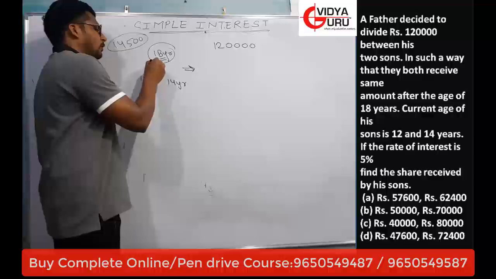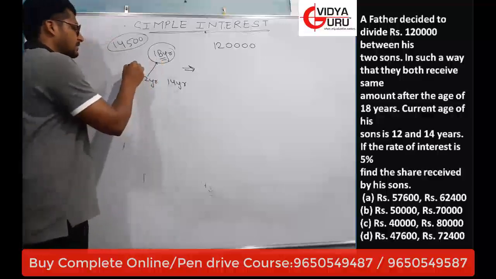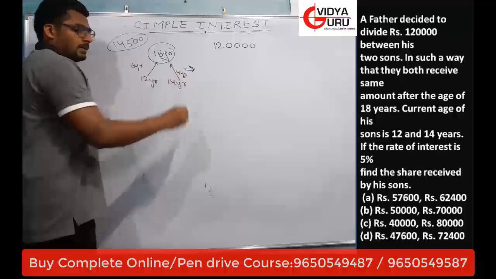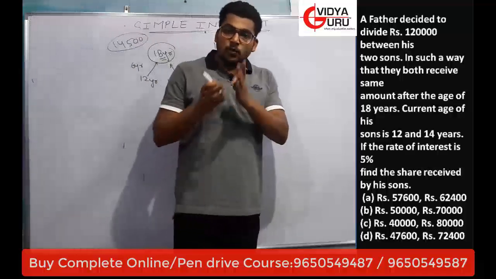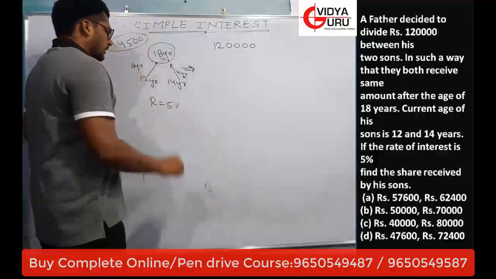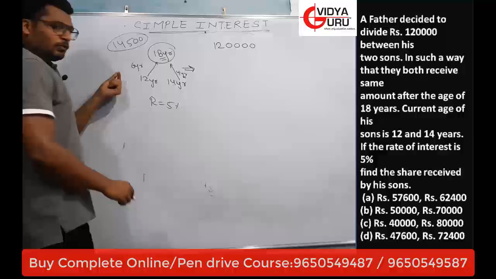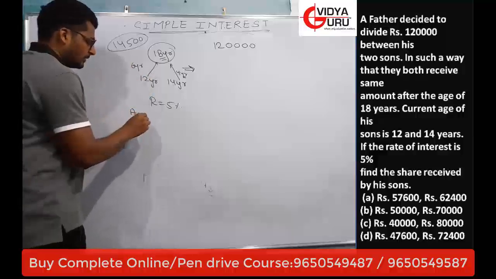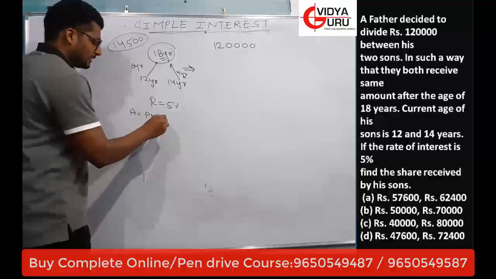Then how much time will it take to attain 18 years? 6 years. And it will take 4 years. And the question is saying the rate is 5% for both. If we find the amount for this one, what will be the amount? Principal plus SI.